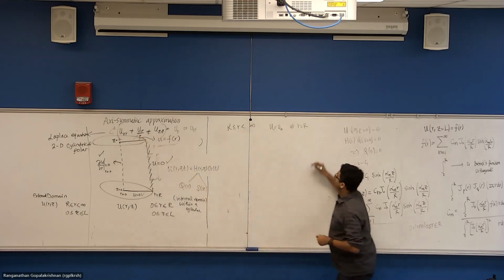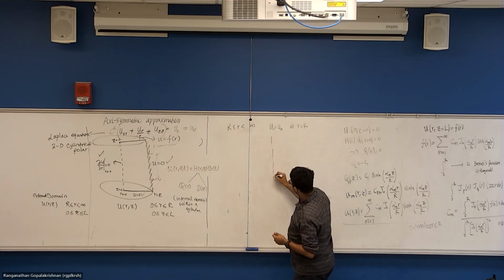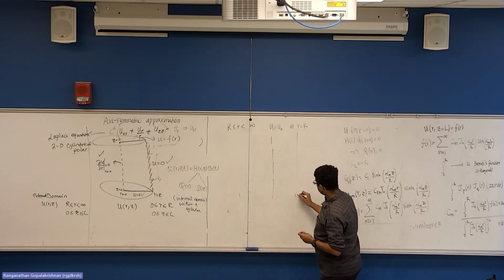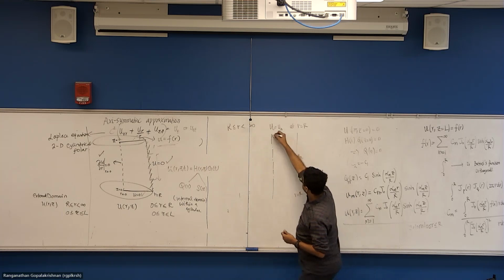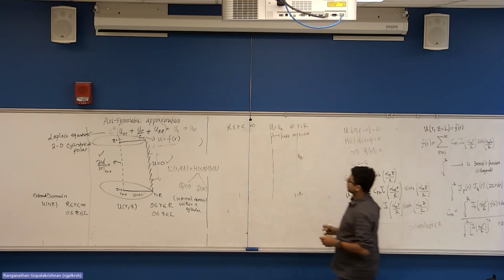Okay. So if you think about an infinite cylinder, this is R equal to R, and you have a constant value UA, and U has to be a finite value as R goes to infinity. That is the other constraint.